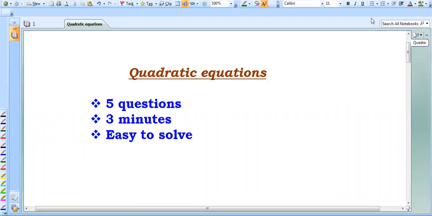Today we will discuss some very important questions of quadratic equations. For your bank exams, that is IBPS PO or RRB POs and clerks examinations, in the quantitative aptitude section, they'll ask you 5 questions from quadratic equations.